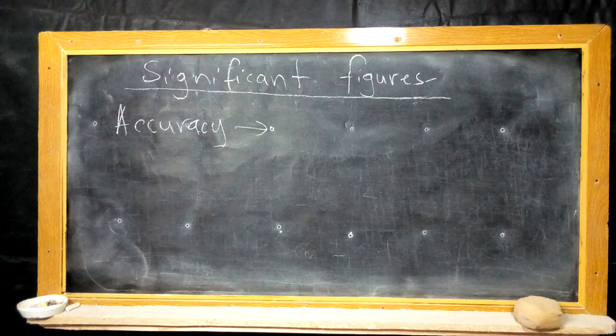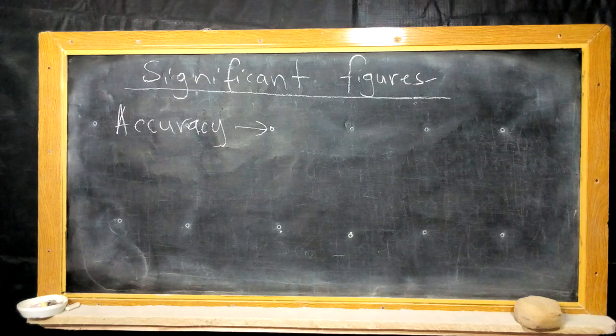So in that case, to account for those errors, we are going to write some degree of uncertainty which is going to indicate the accuracy of that measuring instrument. This degree of agreement between the experimental value of a physical quantity and its true value defines what we call accuracy.